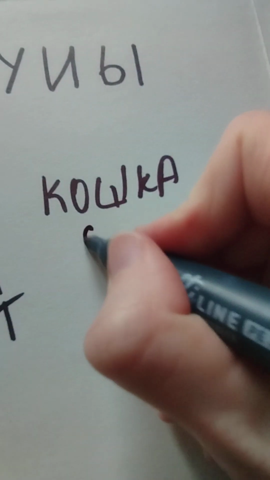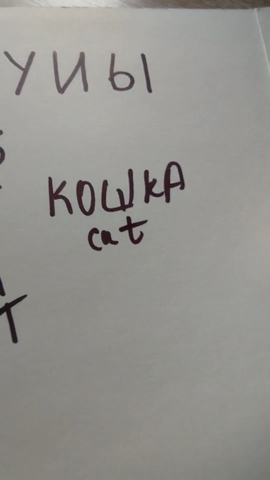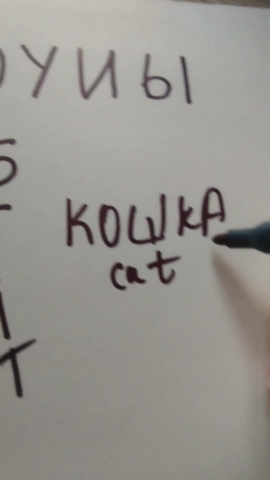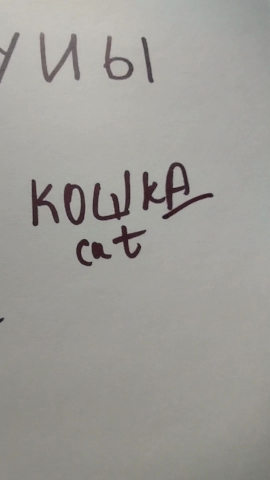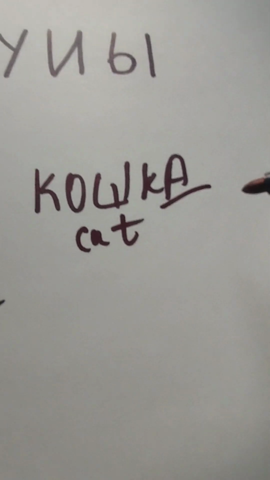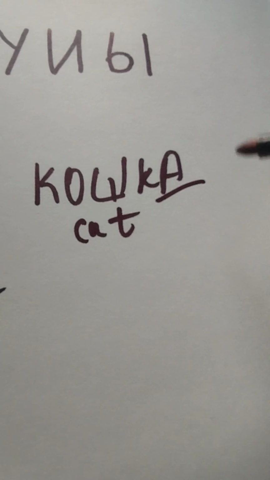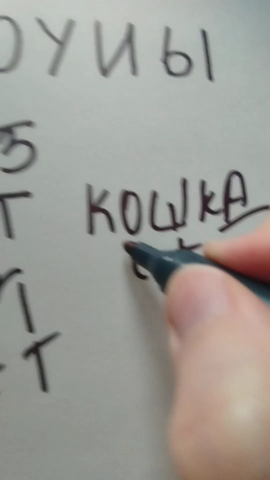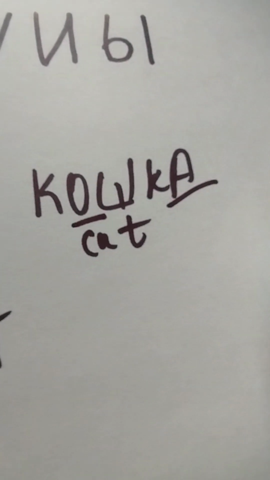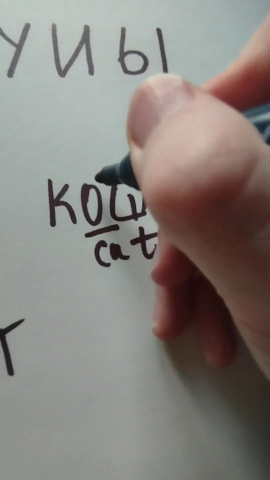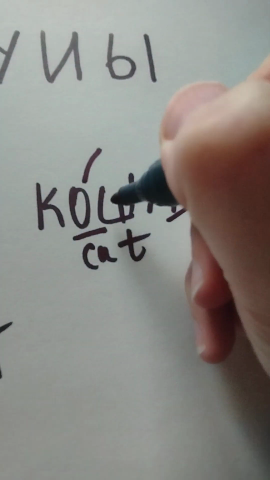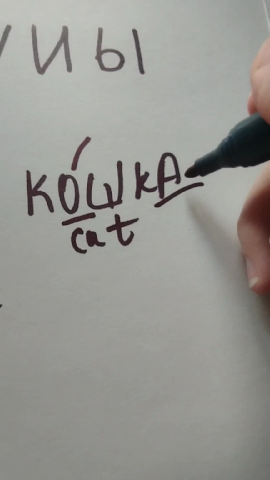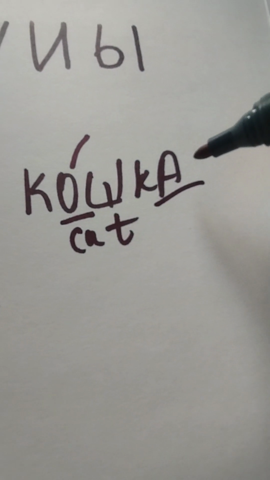Koshka is a cat, and here we also see A, but stressed vowel here is O, so we pronounce koshka, koshka.